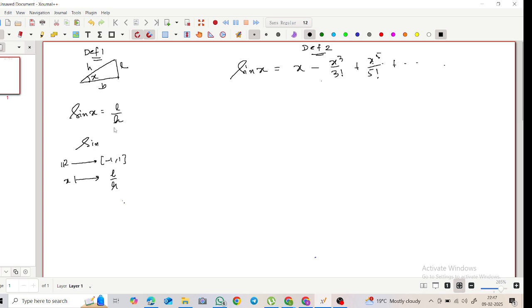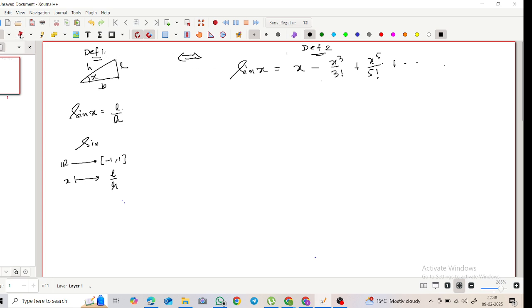And there is another definition: sin x is L by H, from the triangle. How do you see that these definitions are compatible? These are different definitions, right? Whenever we see different definitions, we try to establish an equivalence, that we can reach from definition 2 to definition 1 or definition 1 to definition 2.